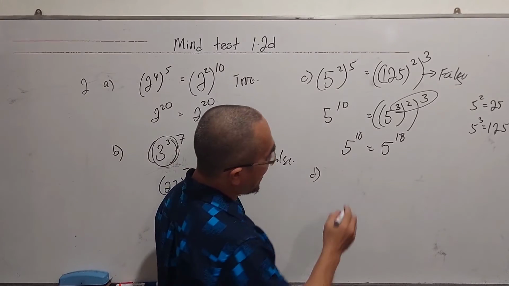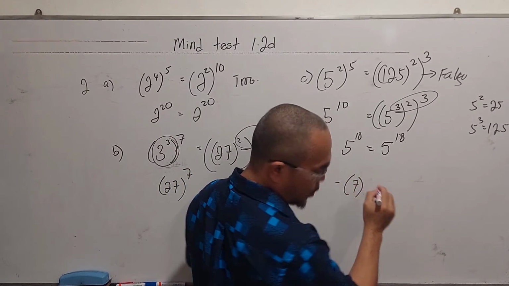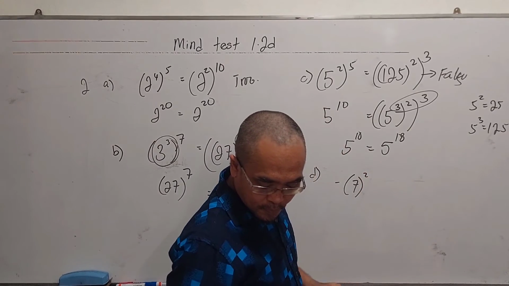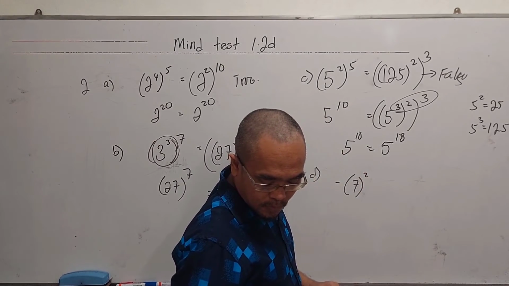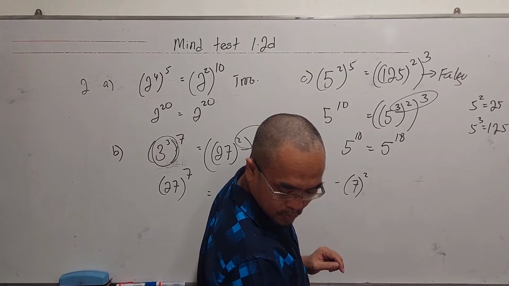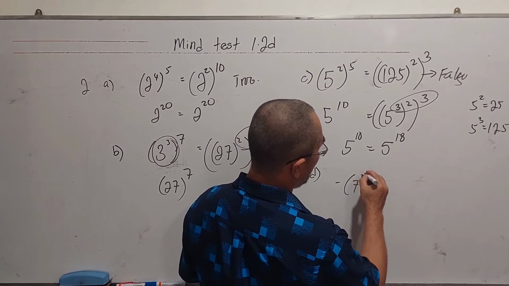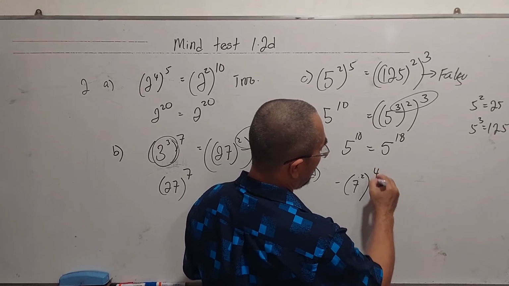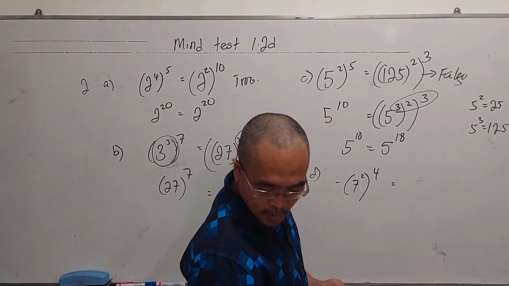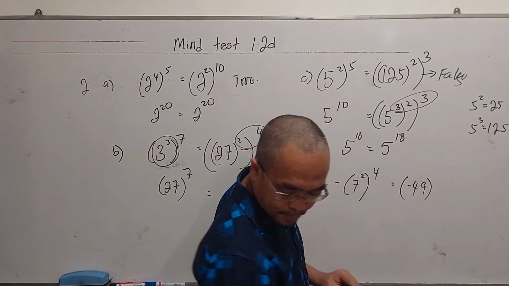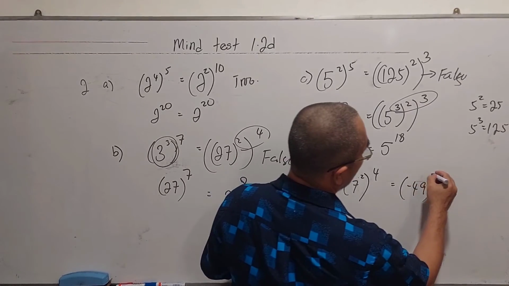D, negative and then 7 to the power of 2 to the power of 4. Okay. 7 to the power of 2 to the power of 4 is negative 49 to the power of 2.